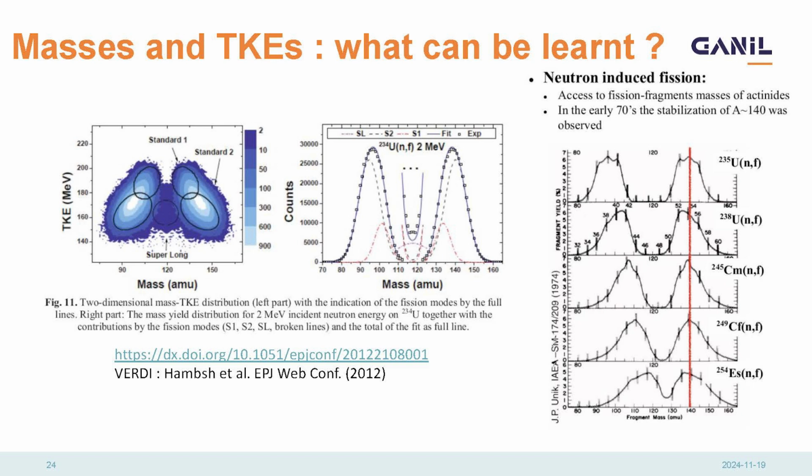The way the system evolves is affected by specific configurations of the system, which favor energetically how the system will evolve. So based on all those measurements, we have learned a lot about how fission occurs. And this is the point I just wanted to make here.